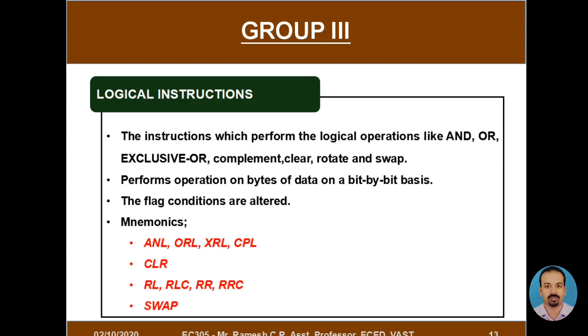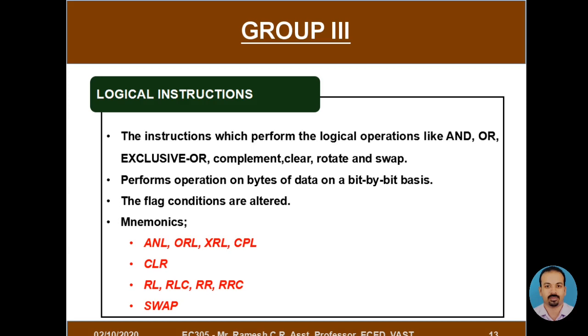That is, even though we are going to perform the logical AND between two registers, let us take an example, register A and register R0. Even though we are performing the logical AND operation on the entire 8 bits stored in the accumulator and the entire 8 bits stored in the R0 register, in effect internally the logical AND operation on these 8 bits is performed bit by bit.